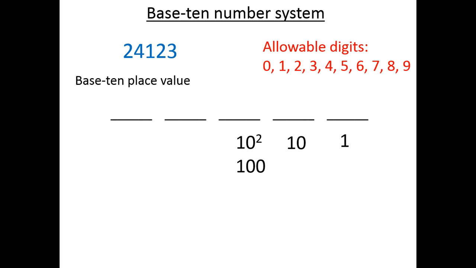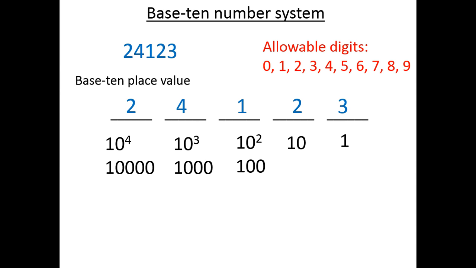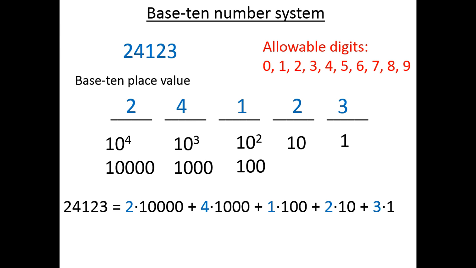We have places that increase by a power of 10 every time we move further to the left. So when we look at this number, we can see that we have 2 groups of 10,000, 4 groups of 1,000, 1 group of 100, 2 groups of 10, and 3 ones. Remember, this is what we call expanded form. It represents the value of each of the digits in its place.